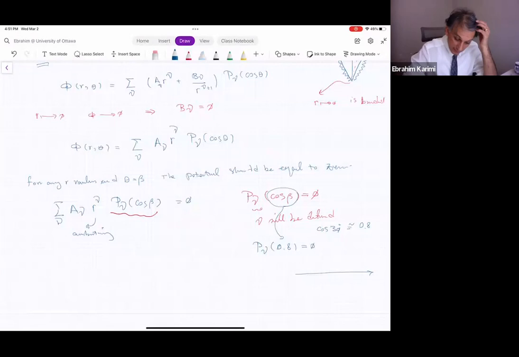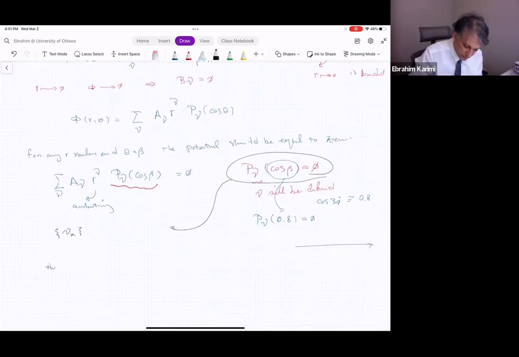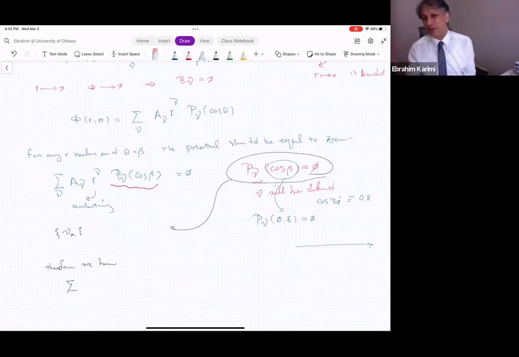Okay, so from this condition that we have, we are selecting the set of nu's, the set of those indices that will give you 0 values at that region. So therefore we have the solution now, which is a summation over nu k. Or, if I want to be careful, this is not really a summation because it should be an integral, since it's a continuous variable, but I will put it in a different way.